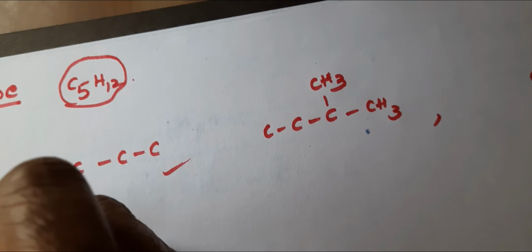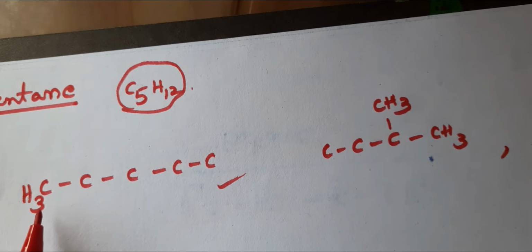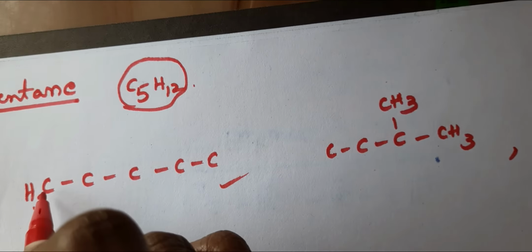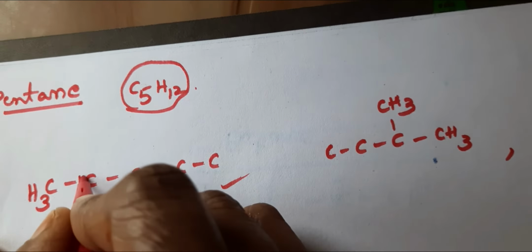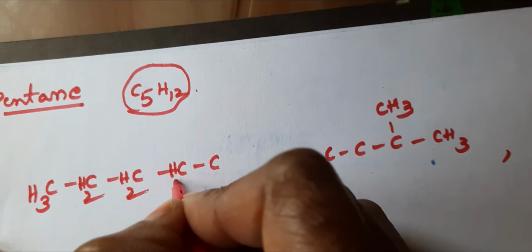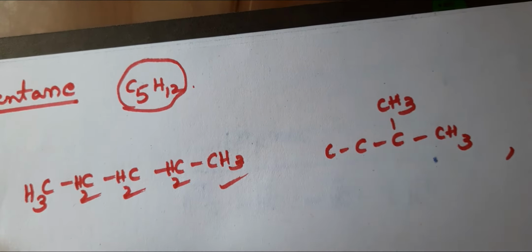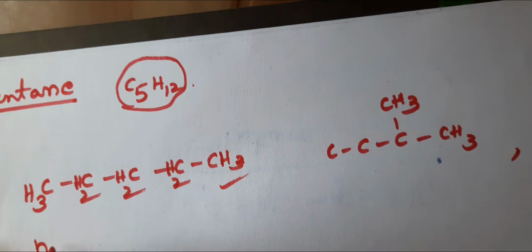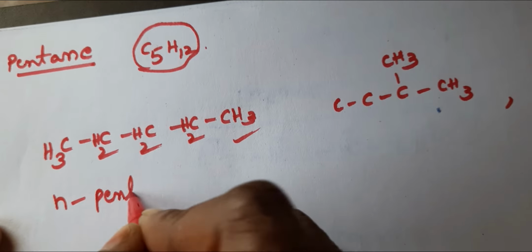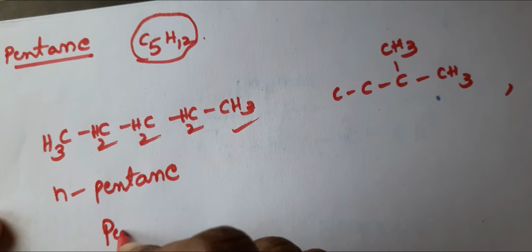I write the hydrogens according to carbon's valency: carbon should show 4 bonds. So the straight chain is CH3, CH2, CH2, CH2 and CH3. Its common name is n-pentane. The IUPAC name is just pentane.